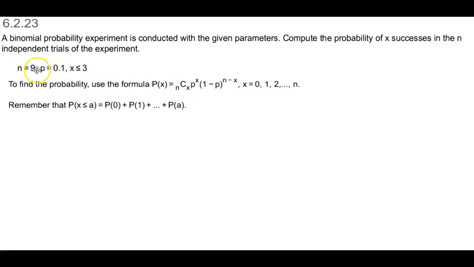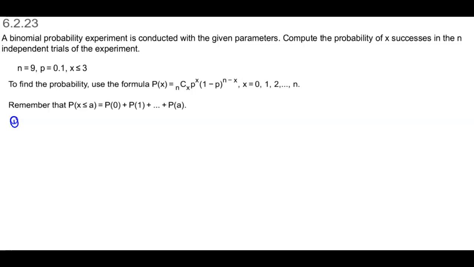Where n is equal to 9, x is equal to either 3, 2, 1, and 0, since it's less than or equal to 3. And therefore, remembering that P of x less than or equal to a is equal to P of 0 plus P of 1 continuing to plus P of a. So first, let's write out this formula.